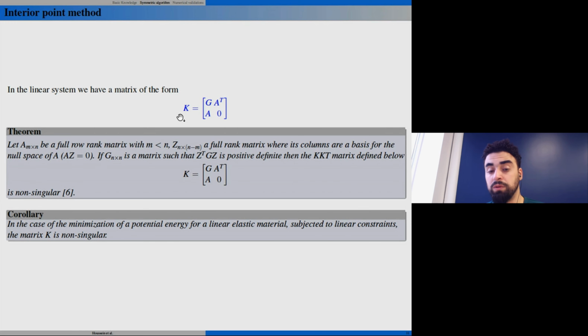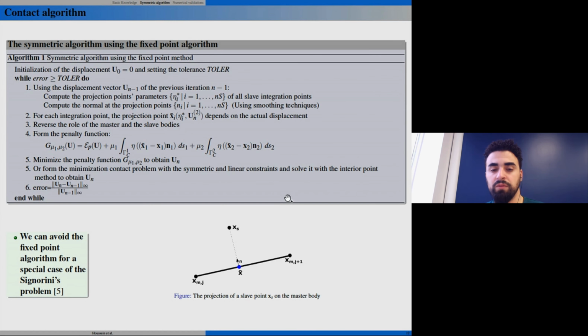Therefore, we will not have a numerical problem, and our constraints are always linear, and therefore are qualified for the KKT condition. And also, we have the descent properties.